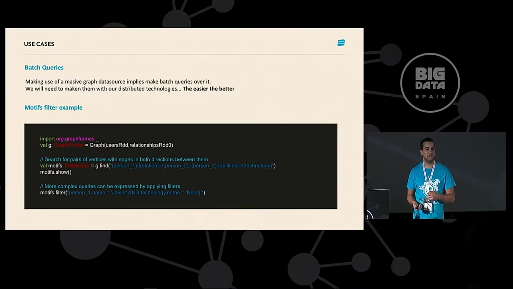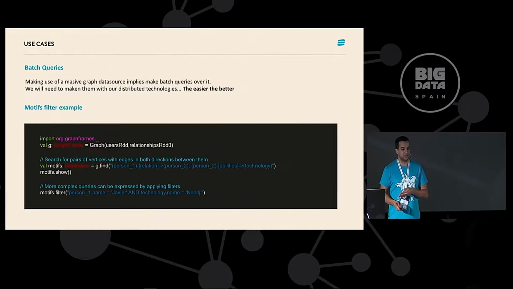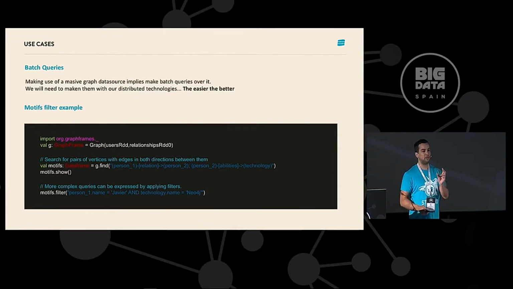That's why we have chosen GraphFrames, because GraphFrames offer us, as you can see at the bottom of the slide, a way to create pattern queries. It's quite easy. You just define the concept, the relationship, and another concept. You can change them, and of course, you can filter the result. We will see it later.